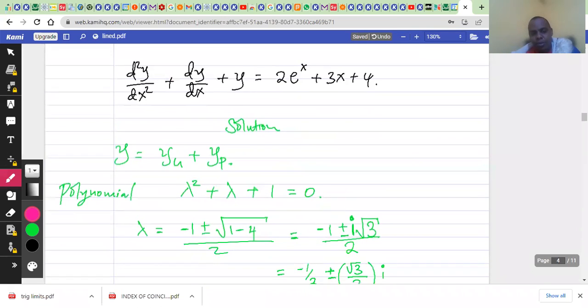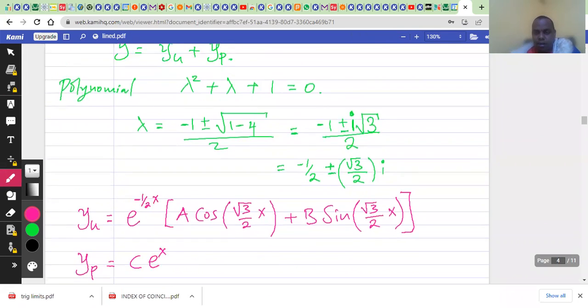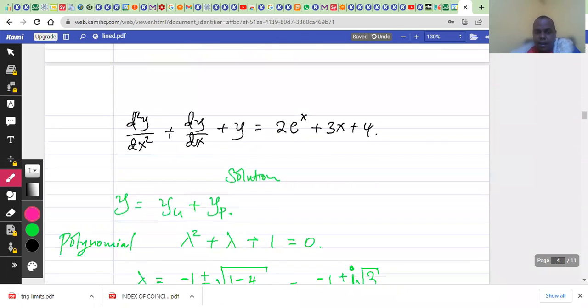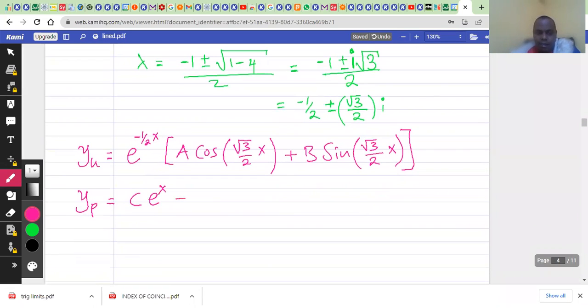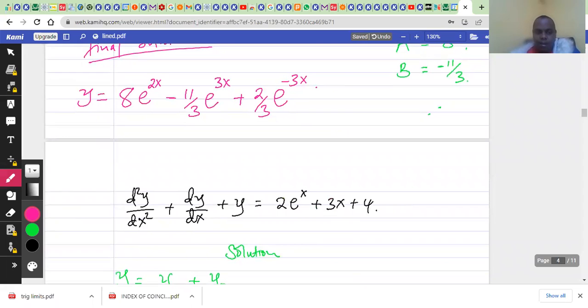So it should be Ce^x plus Dx plus E. You realize I just went up to this ODE and picked f(x), this function, and then replaced the constant coefficients 2, 3, and 4 with C, D, and E, right?